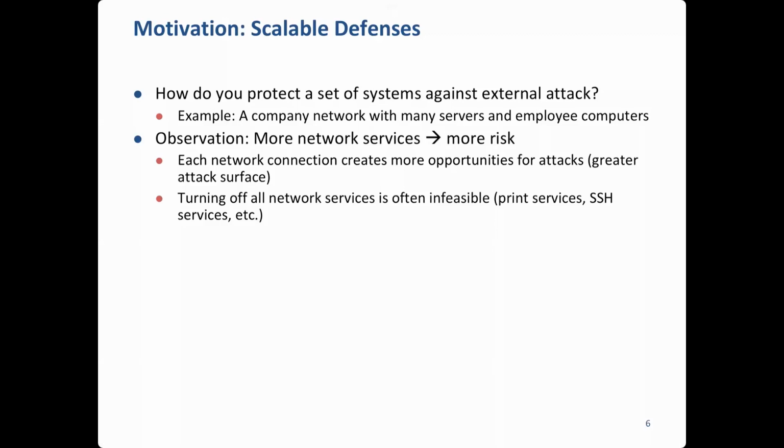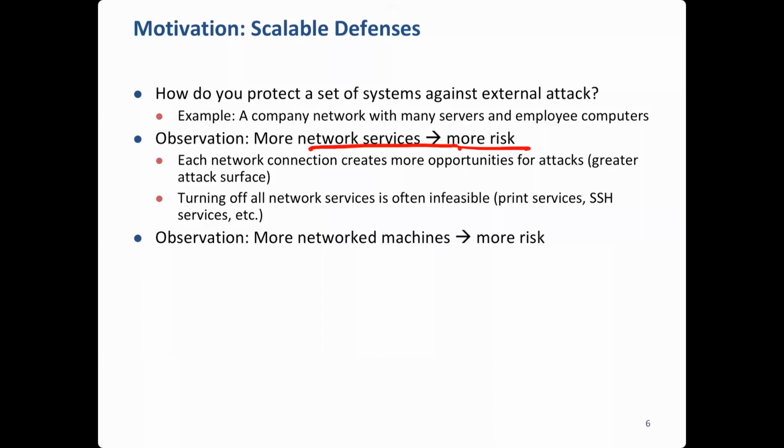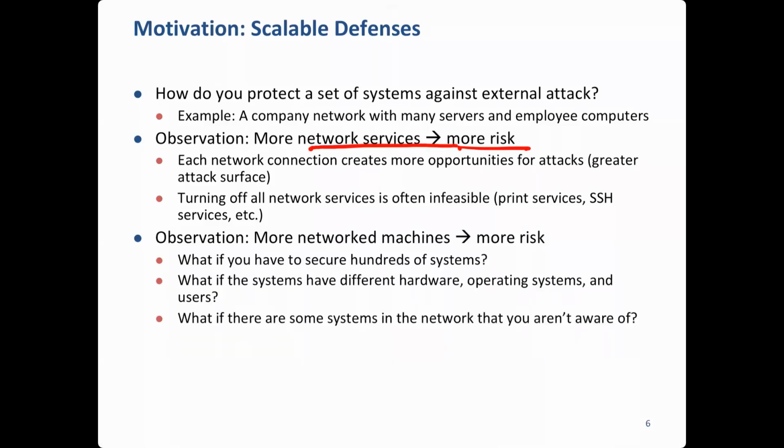And there's no way to provide protection to them because all are individual internet nodes. As an organization provides more services, there's more risk, more programs, and these programs may have vulnerabilities also, right? And more machines, more risk.